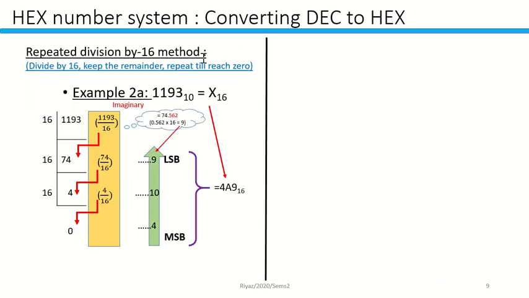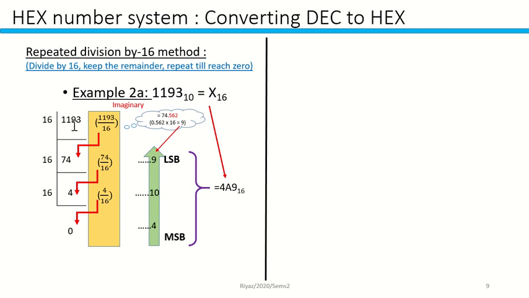Next is how you're going to convert from decimal to hexa. For this method, you're going to use the repeated division by 16 method. We divide by 16, keep the remainder, and repeat until we reach 0. For example, 1193 is in decimal and we convert it back to hexa.